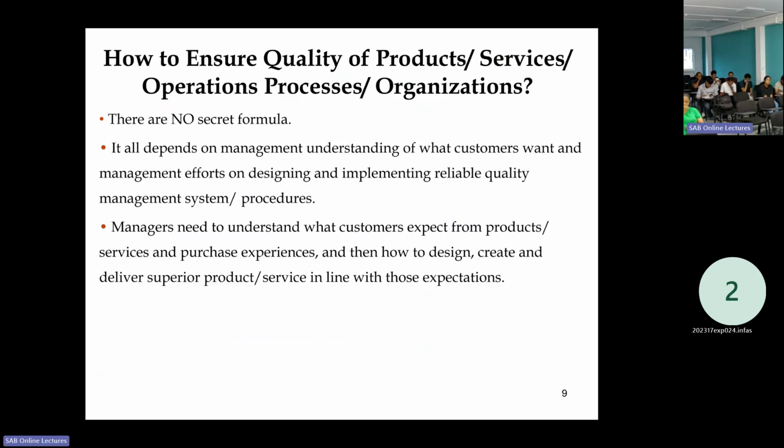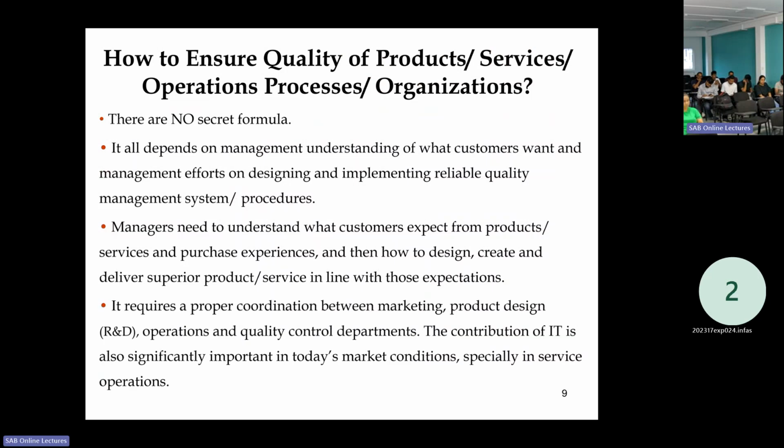Now, coming to quality management, now we have just identified quality. Quality management is one thing. Well, nothing complicated. In simple terms, from the organization side, from the management side, there should be some efforts to make sure that their products or services are capable of meeting the customer requirement.